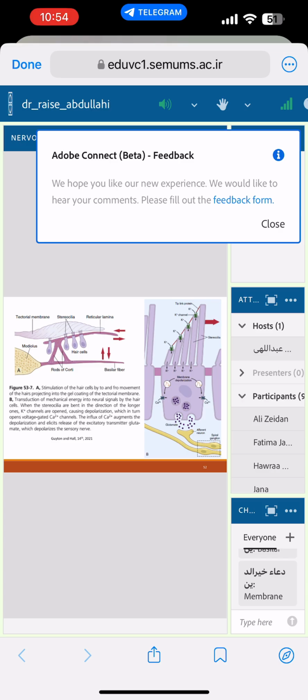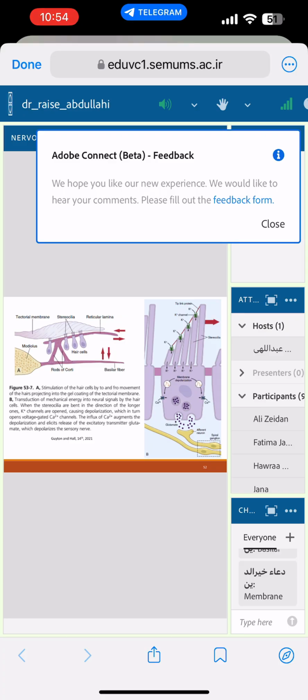As you can see, this is a hair cell which is zoomed here, and these are tiny hairs or stereocilia.